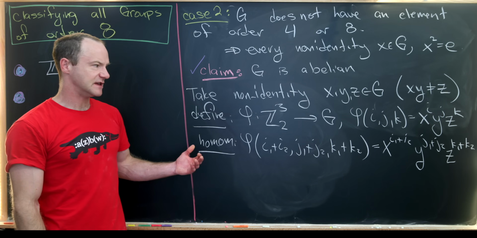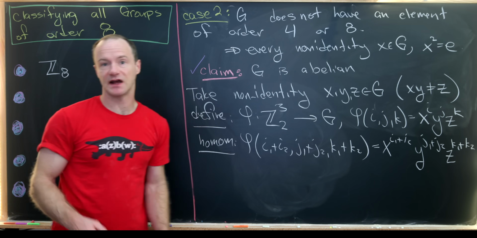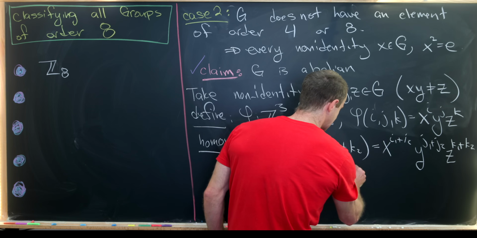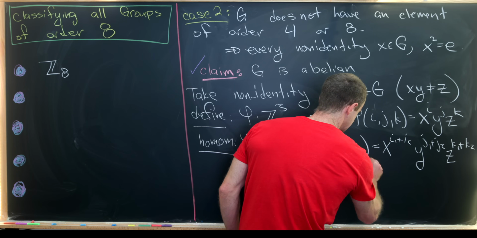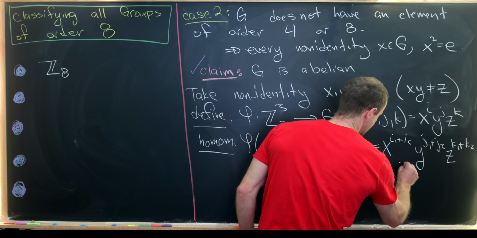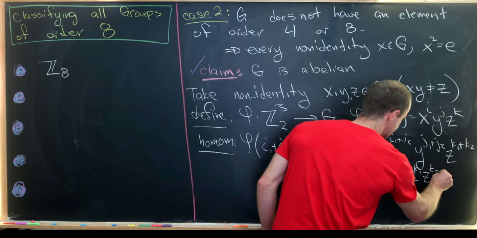And then given our group operation on the right-hand side, which is written as multiplication, we know that this is equal to x to the i1, x to the i2, and then y to the j1, y to the j2, and then z to the k1, z to the k2.